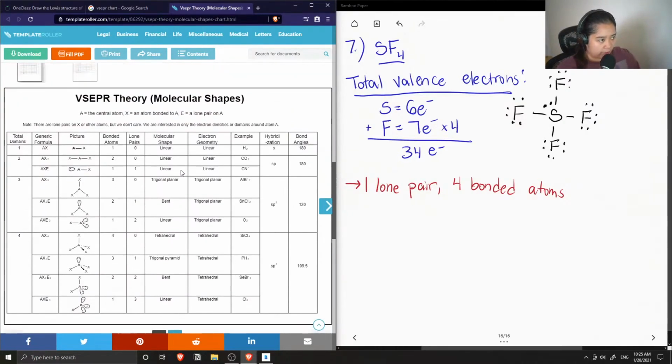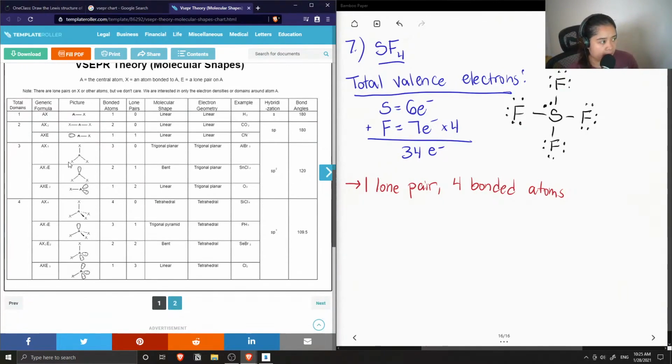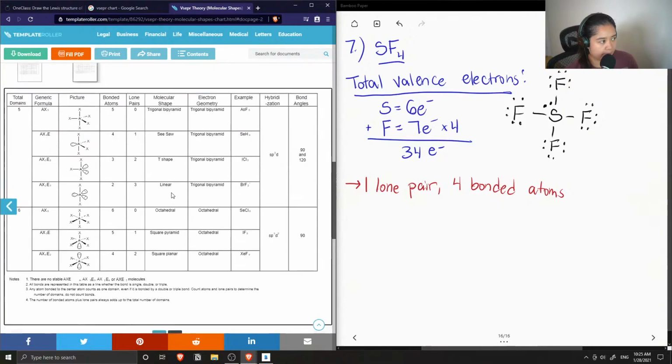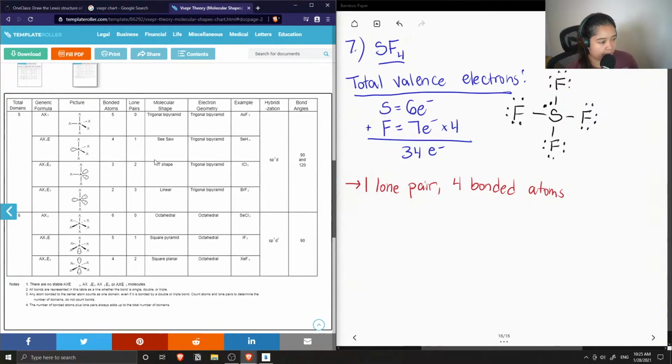This is a VSEPR theory table, and you can see that when we have 1 lone pair and 4 bonded atoms, we have a seesaw molecular shape.